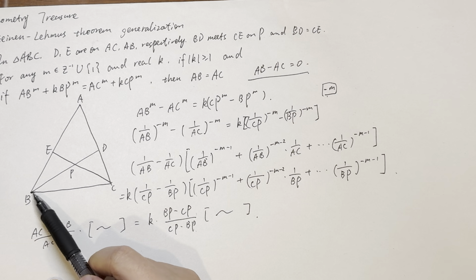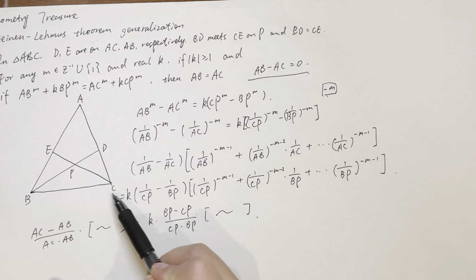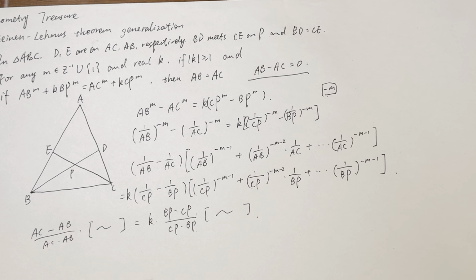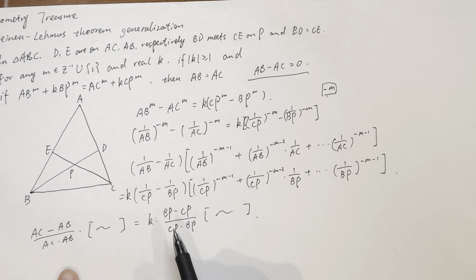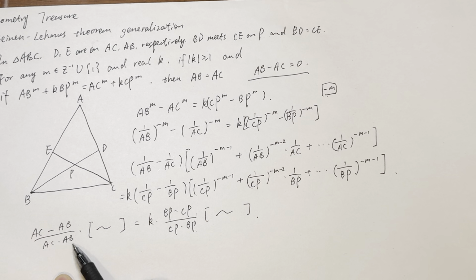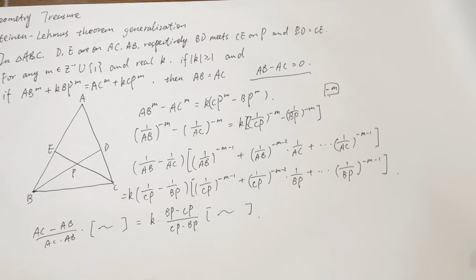And we already know that BD equals CE, but for BP and CP, we have no information, which means that we want to find the relationship between BP, CP, AC, AB. That would make the problem easier.